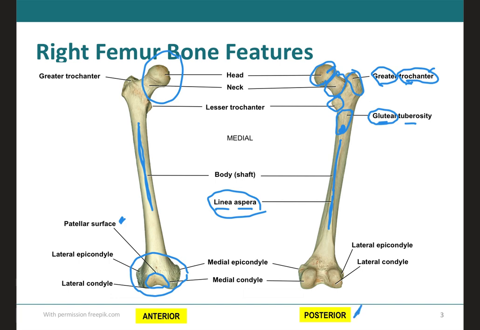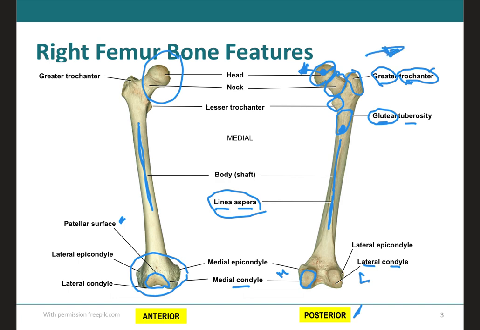On the lateral side, we're going to have what we call a lateral condyle, and on the medial side, a medial condyle. How do I know that this side is medial and this side is lateral? Remember, I told you that if it has a head, it will articulate medially. There's no point in having the head sticking out on the lateral side, right?